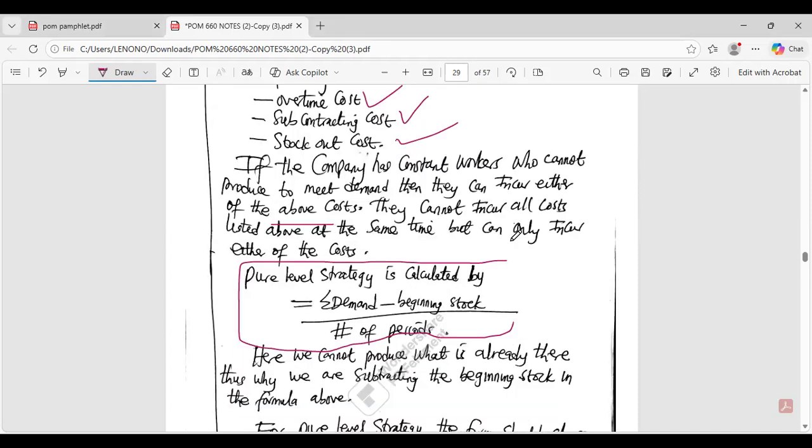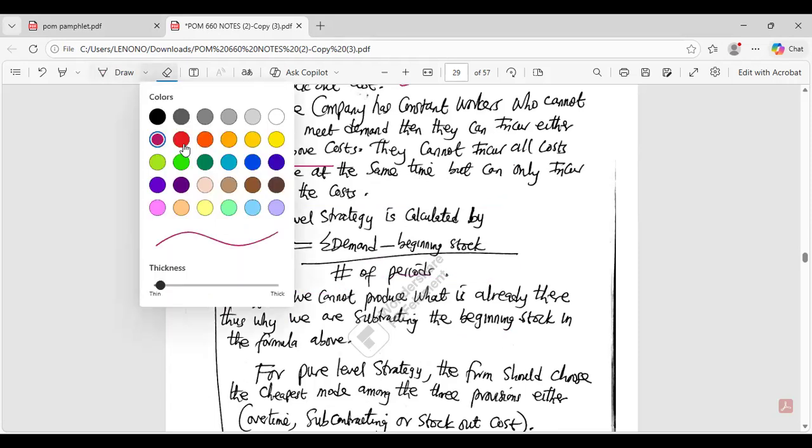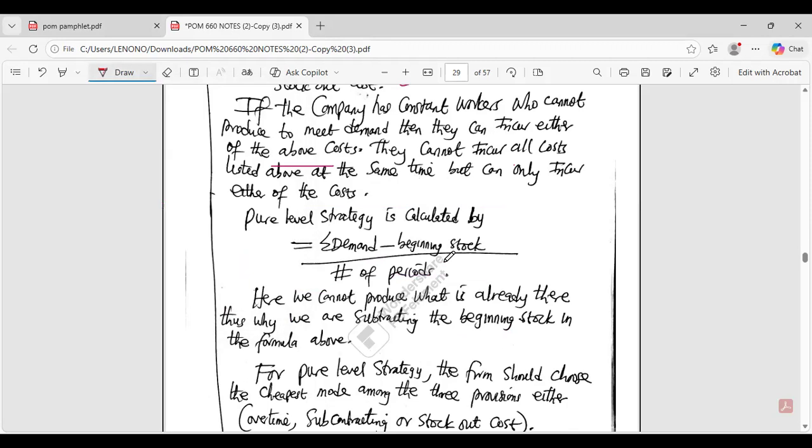So the pure labor strategy is equal to the summation of demand minus beginning stock over the number of periods. Here we cannot produce what is already there. We cannot produce what we already have. That's why we are subtracting the beginning stock in the formula.